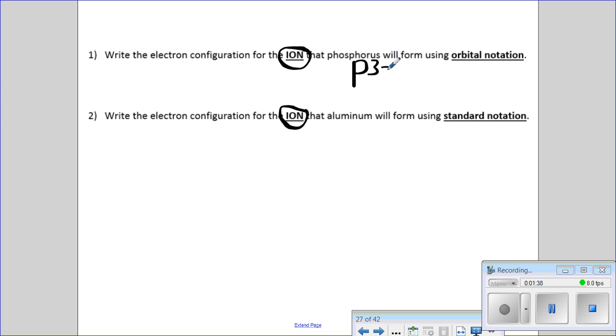Phosphorus is a -3 charge, and then aluminum, if you locate it on the periodic table, is in group 13, so it will make a +3 ion, which means it loses 3 valence electrons.